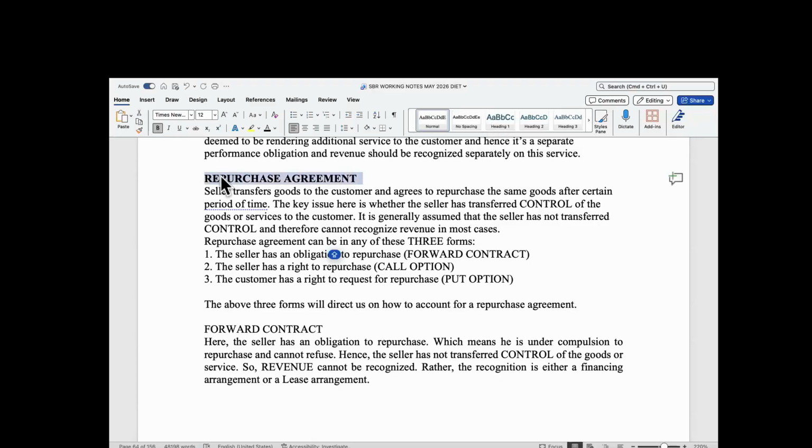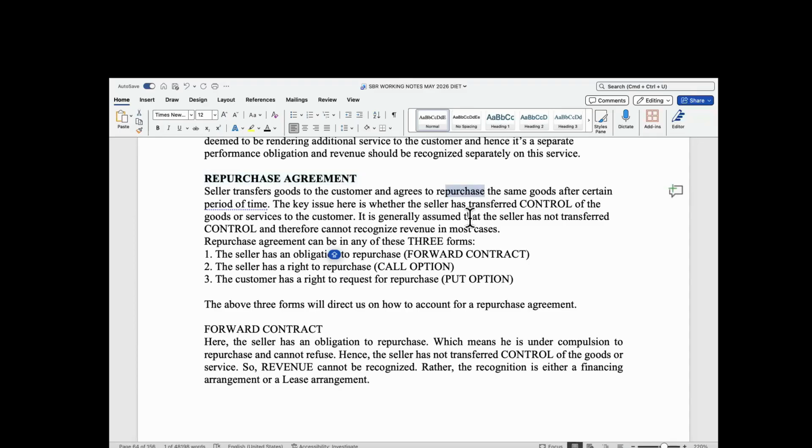So, a purchase agreement, as the name implies, you transfer goods to a customer and you agree that you're going to repurchase the same goods after a certain period of time, that you're going to buy it back from the customer. So I told you last week that the key issue here is whether the seller has transferred control of the goods or services to the customer.